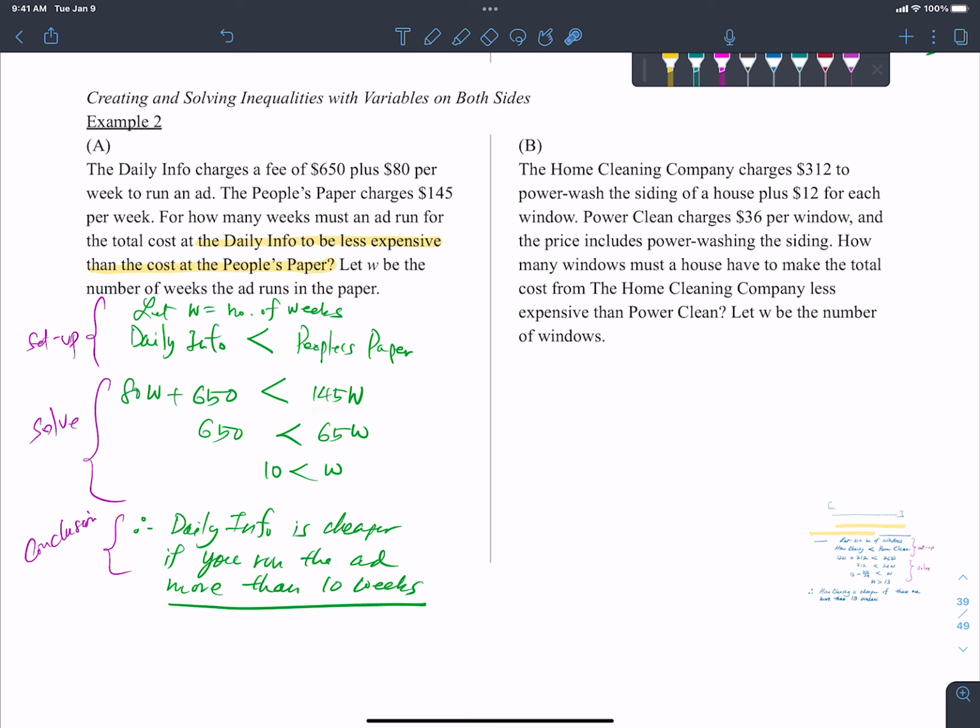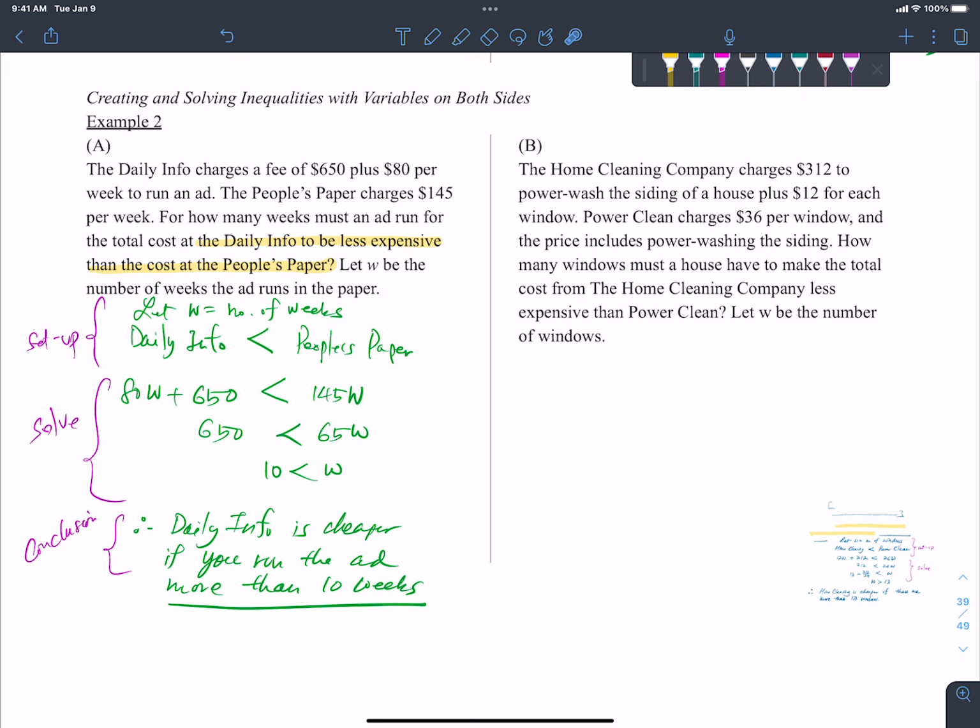Oh, by the way, every line that I have is important, so you should write them down. And then Daily Info is 80W plus 650. And then solving for that, we subtract 80W from both sides, which gives you 65W, dividing both sides by 65. According to this, W has to be more than 10 weeks for the People's Paper to be more expensive.